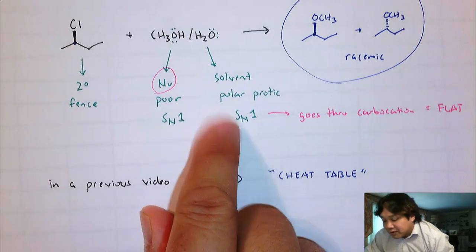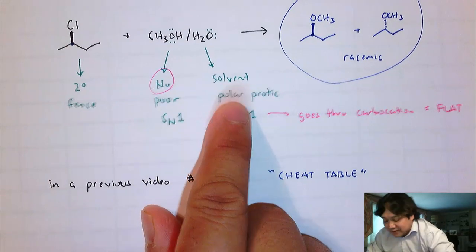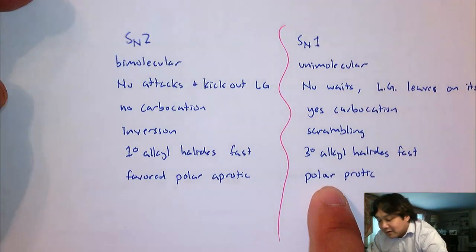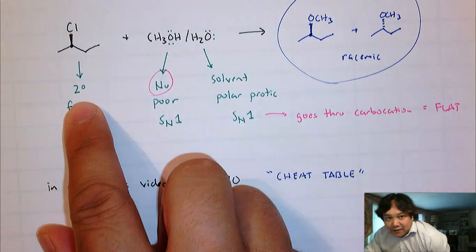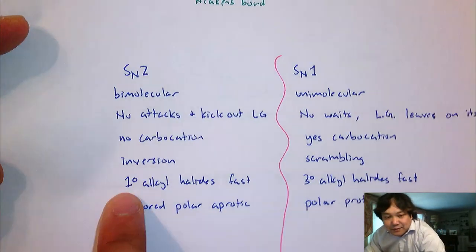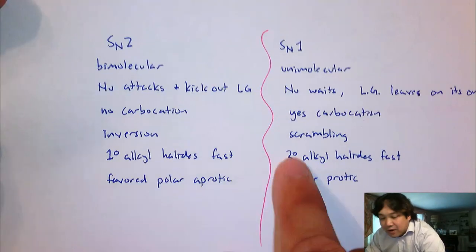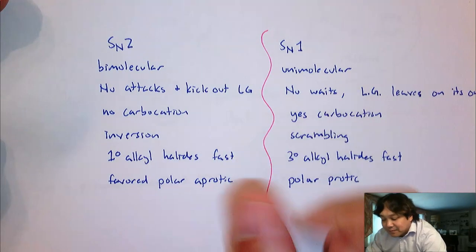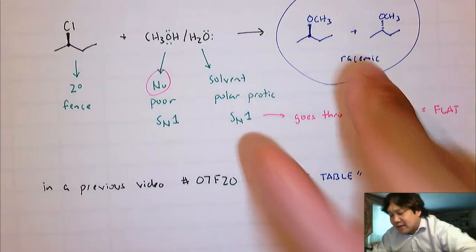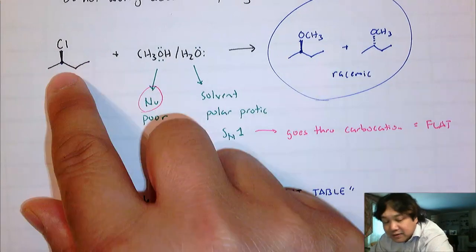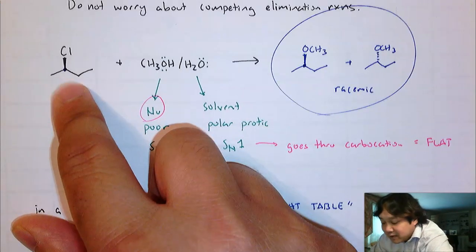Polar protic solvent. Polar protic solvent. Right there. SN1. Okay. Secondary alkyl halide. SN2 if it's primary. SN1 if it's tertiary. Secondary is on the fence. Okay. What about this? The idea that we have a mixture, that we took something that's chiral and we scrambled it.